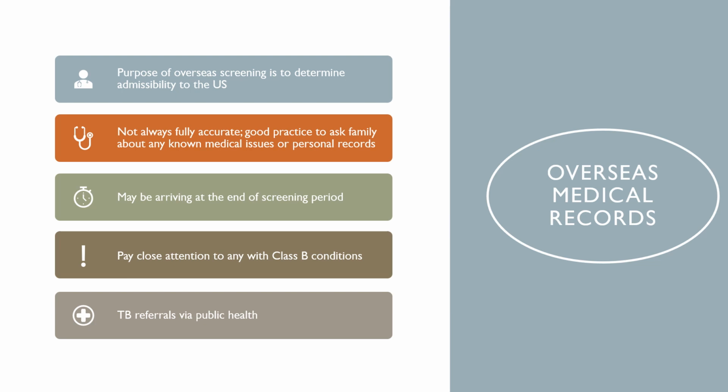But really, the purpose is to make sure that the case doesn't have any active illnesses that would require them to pause where they are in the process of entering the US and get that condition treated before moving forward. Because there are a handful of illnesses that if you have them and you're a refugee coming through the resettlement system, you are unable to enter the US until they're resolved.